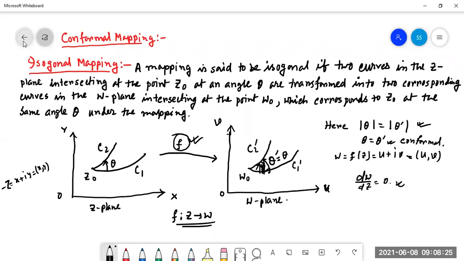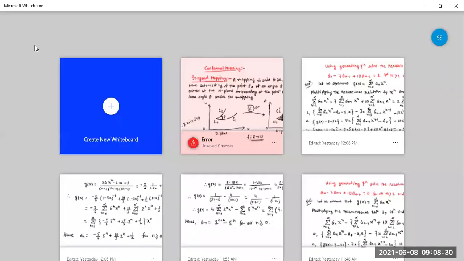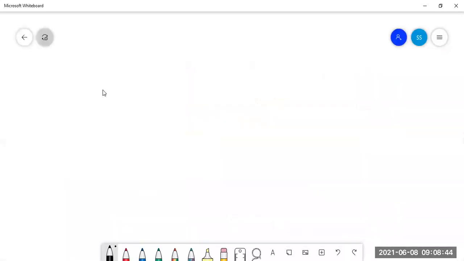So then we are going for some standard conformal mapping. First, we are going for some special transformations.